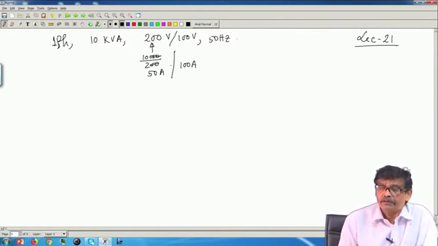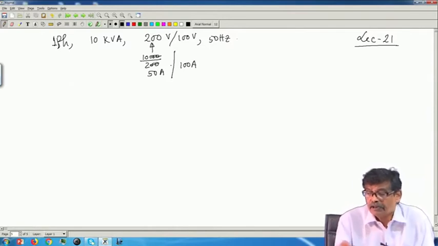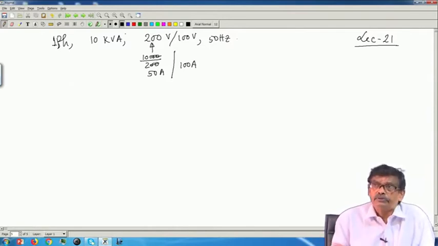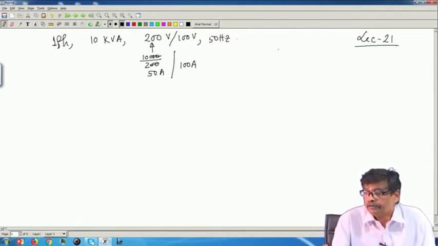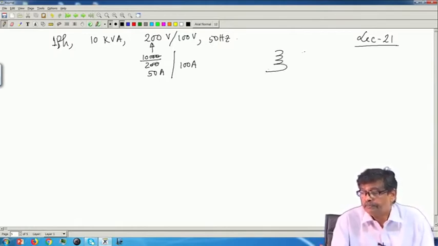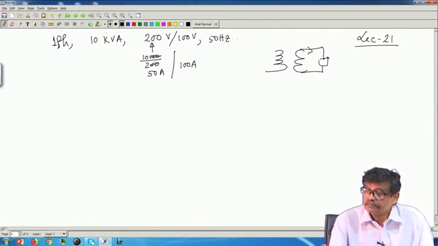Suppose this is the rating of the transformer, and I have purchased it and I know I will use this transformer at full load condition all the time, 24 hours a day, continuously.